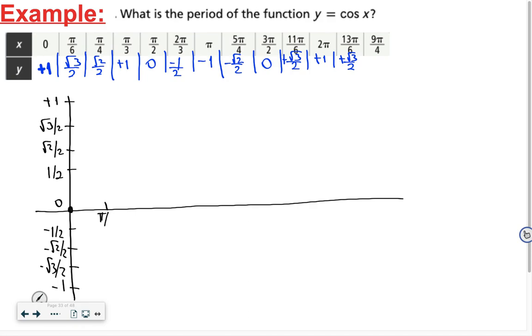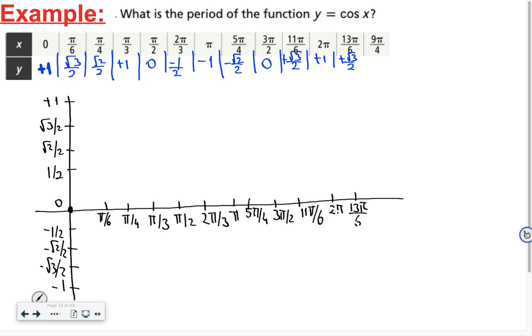Pi over 6, pi over 4, pi over 3, pi over 2, 2 pi over 3, pi, 5 pi over 4, 3 pi over 2, 11 pi over 6, 2 pi, and 13 pi over 6.